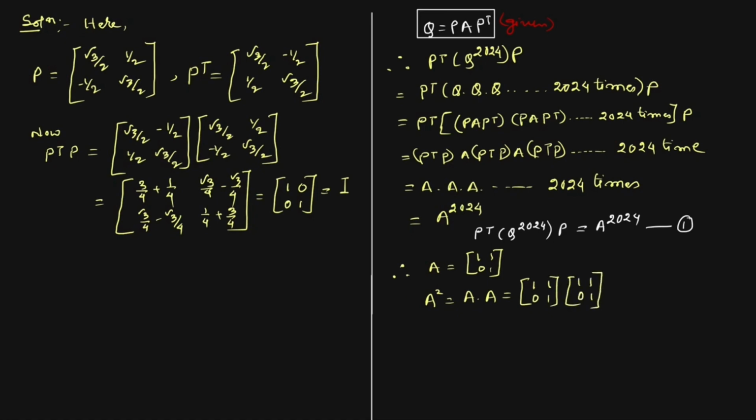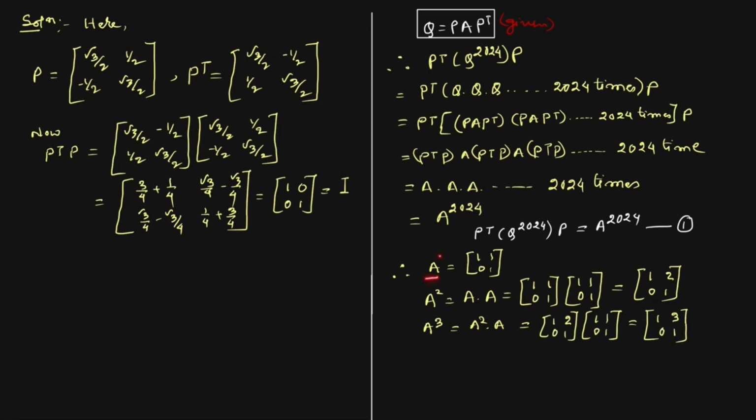If you multiply this, then we will get [[1,2],[0,1]]. Similarly, we find A cube, which is equal to A square into A, which is [[1,2],[0,1]] into [[1,1],[0,1]]. If you multiply again, you will get [[1,3],[0,1]].